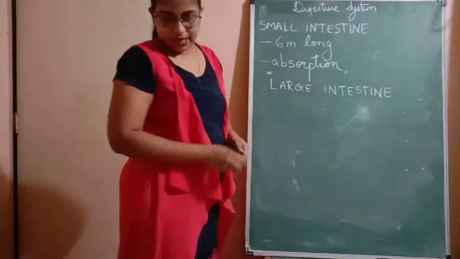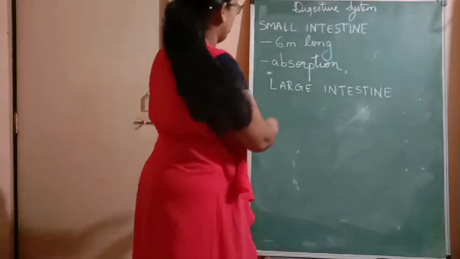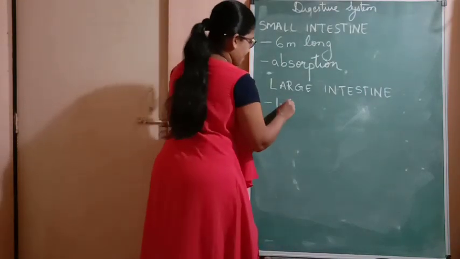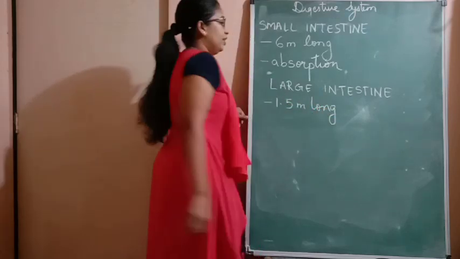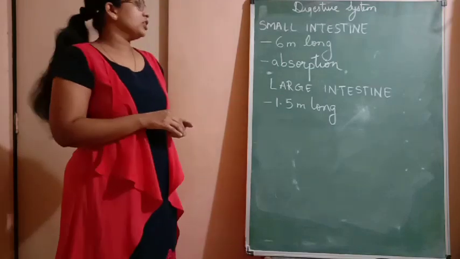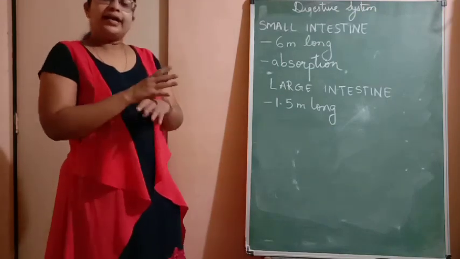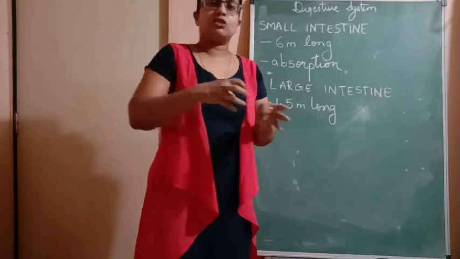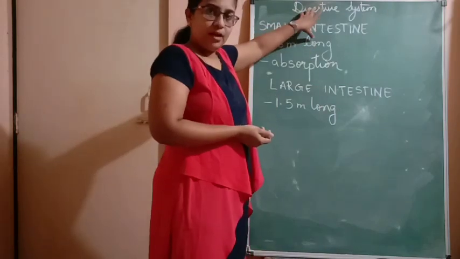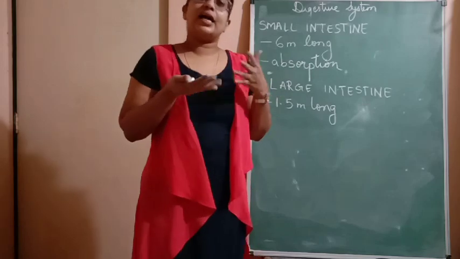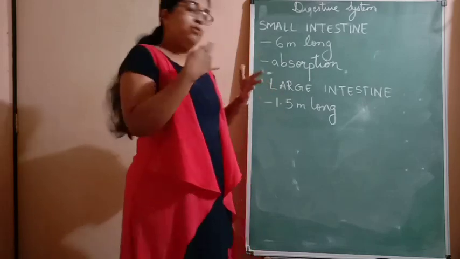The large intestine is 1.5 meters long. By the time the food reaches the large intestine, it is broken down, it is almost digested. Whatever has to be absorbed is already absorbed, and the remaining part is the undigested part and water.